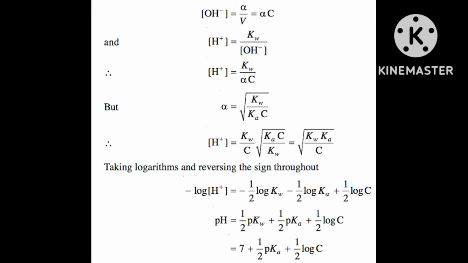The pH of the solution can be greater than 7 if the difference is positive.